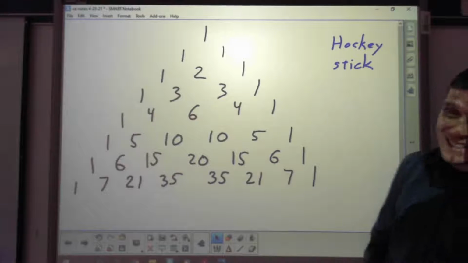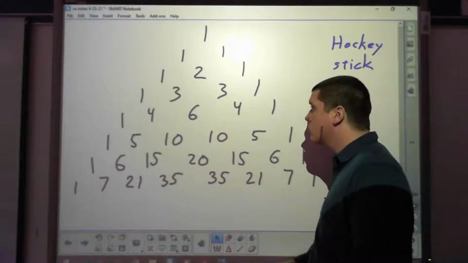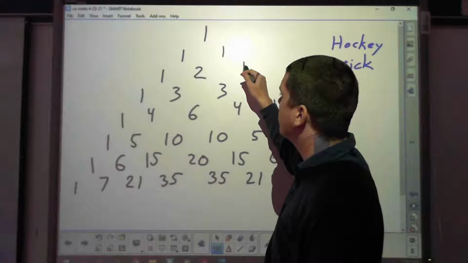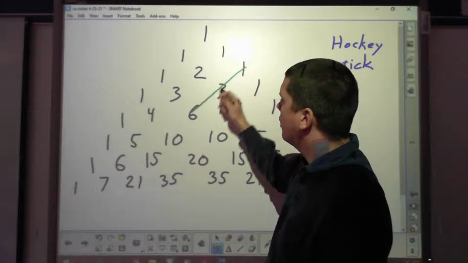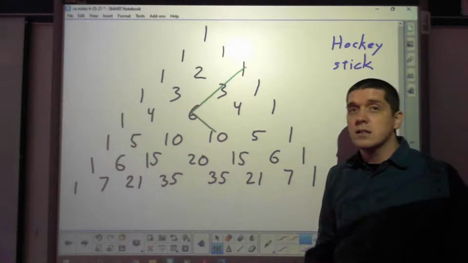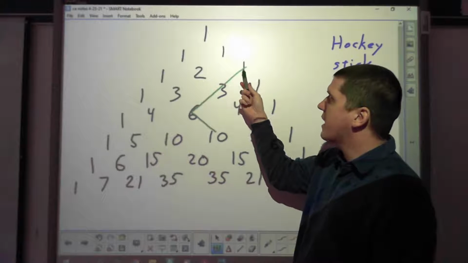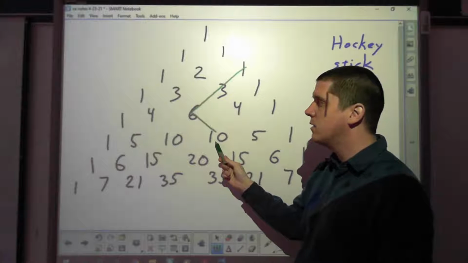There's something called the hockey stick trick, where if I were to just pick any one on the outside here, and I just draw a diagonal, so 1, 3, 6, and then I make a turn, I make a hockey stick. Then I can see if I add the numbers this way, 1 plus 3 plus 6, oh, hey, look, that gets me a 10.